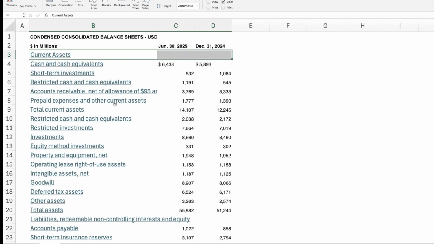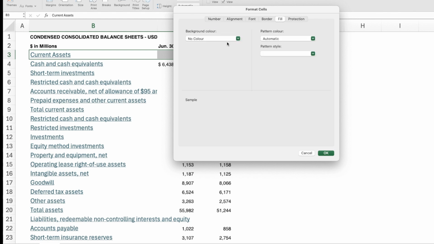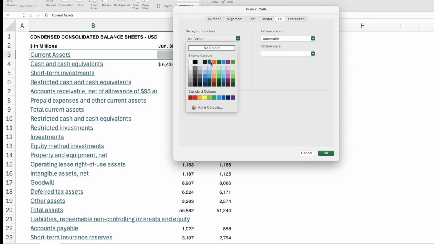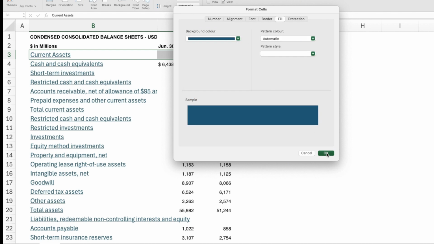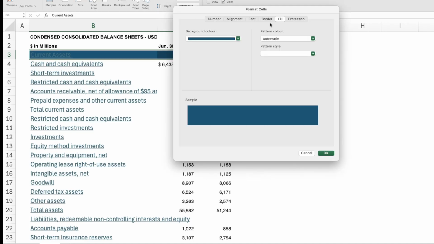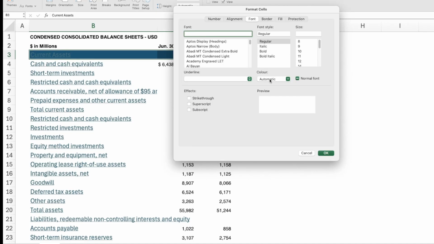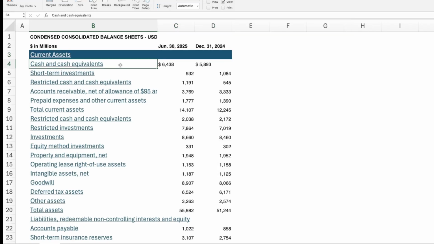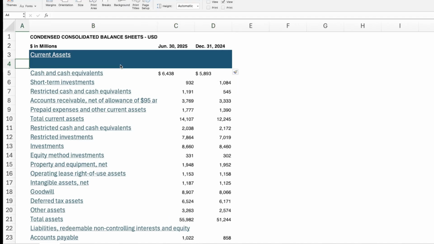Let's make this into a fill, and I need to have the white font there as well. Automatic, there we go. Maybe let's just add a space up there.